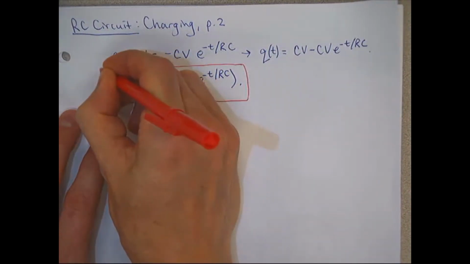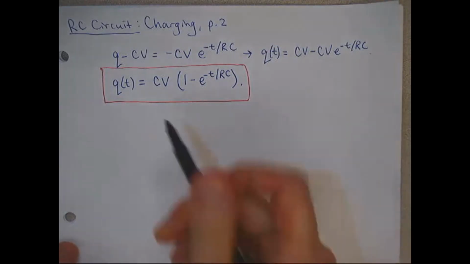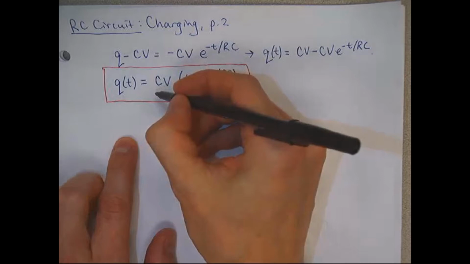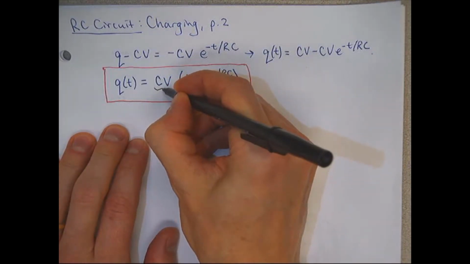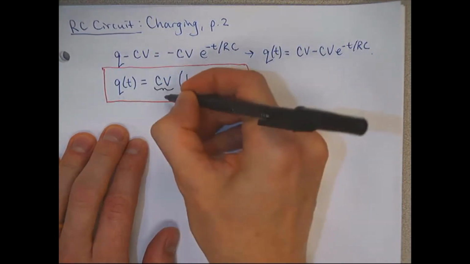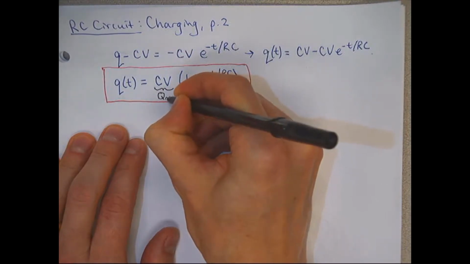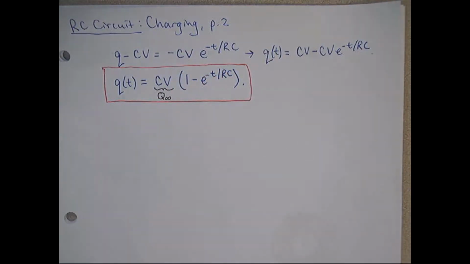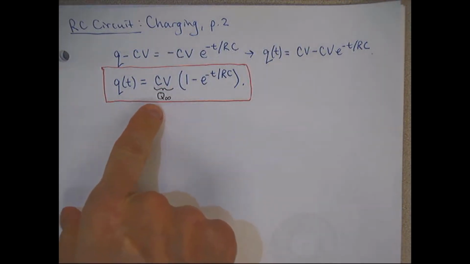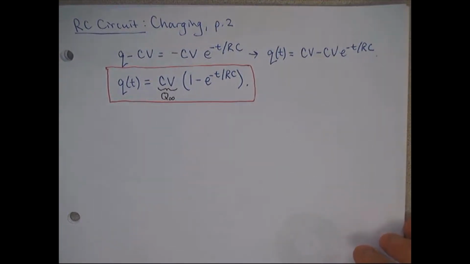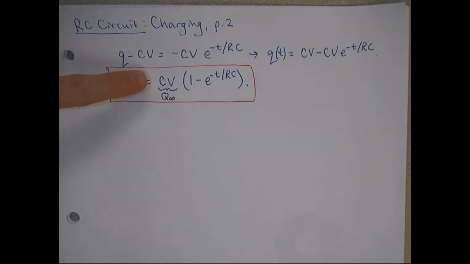You may see this written at times with the equivalent expression CV replaced with this symbol called Q infinity. Meaning, if you wait an infinite amount of time, that is the total charge on the capacitor, its capacitance times the battery voltage.